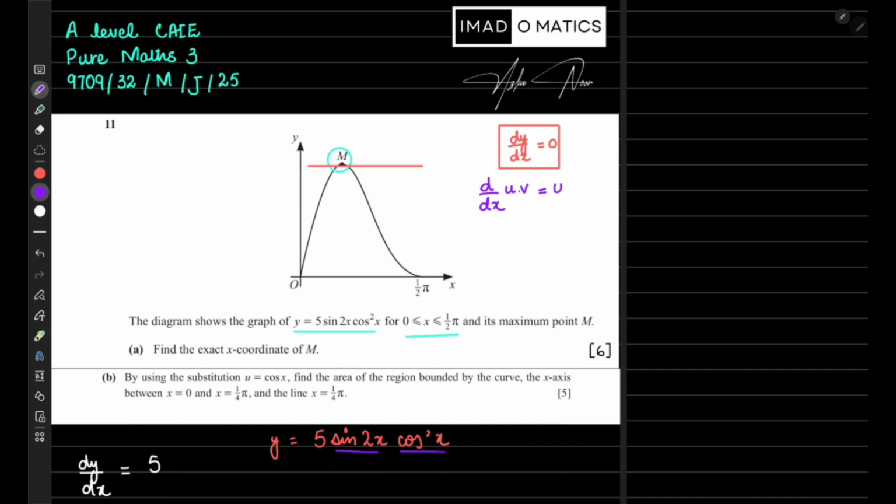First function as it is, times derivative of the second, plus second function as it is, times derivative of the first. You can write in any order because you eventually have to add them together.